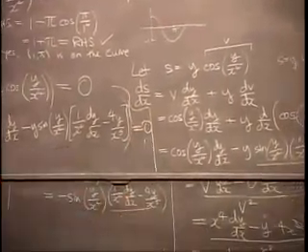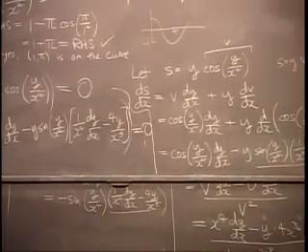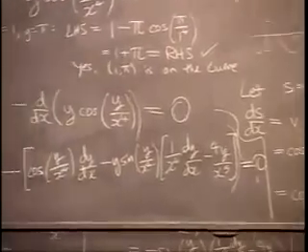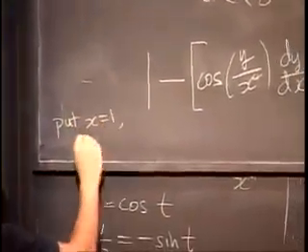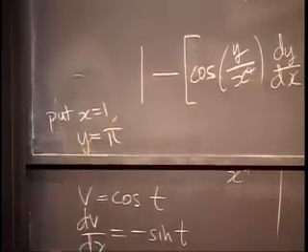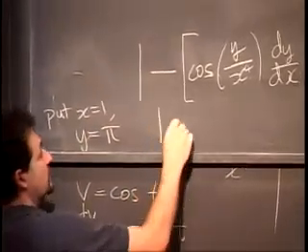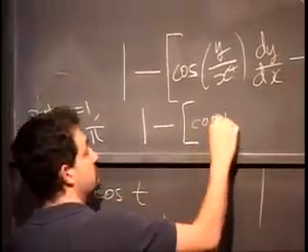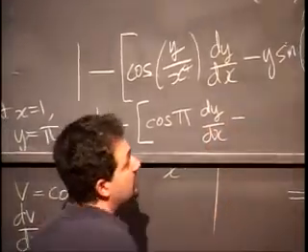Just like it does on the previous equation. Pause for breath. Now, put x equals 1, y equals pi, because the question said, what is the tangent at 1 comma pi? And I will get 1 minus cosine pi dy dx minus, now you know what?